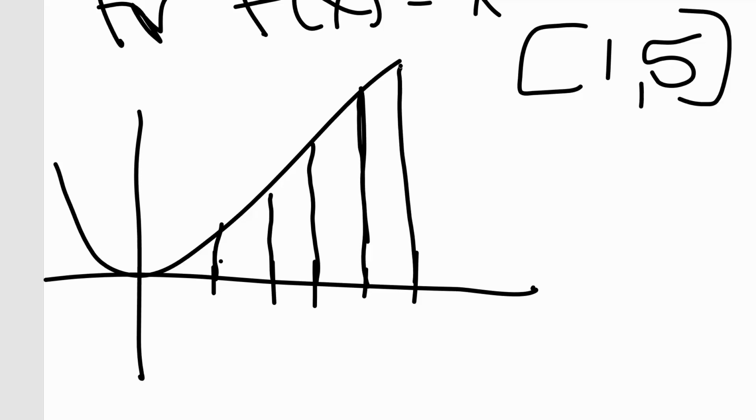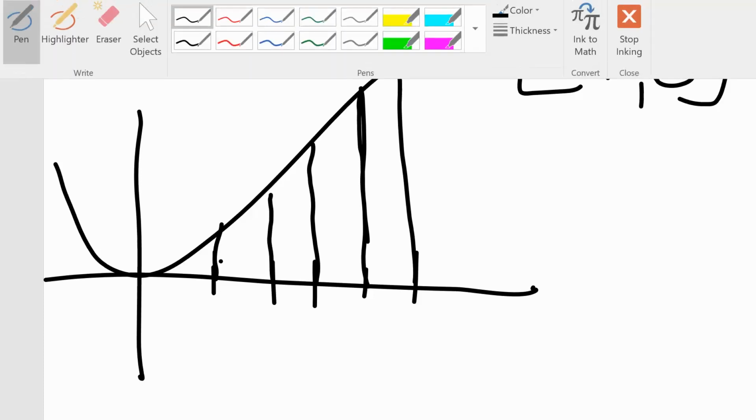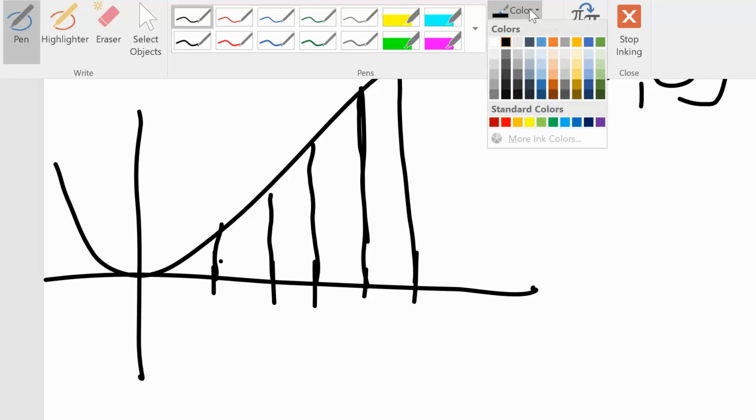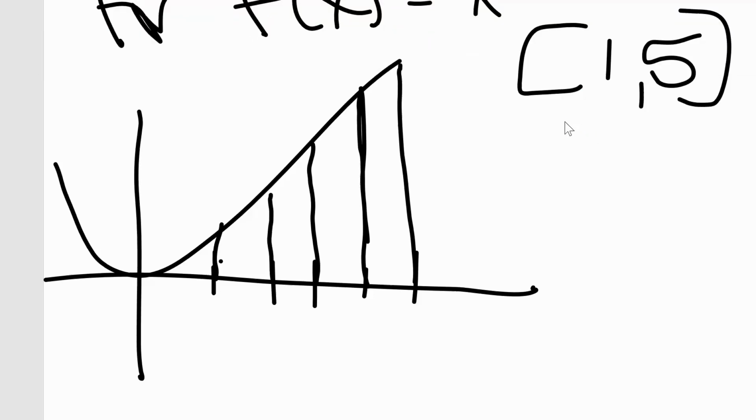All right, so now for our mid-sums, I'm still going to want my 4 rectangles. But now I'm going to want to take the x value that is in the middle of my base. So for rectangle 1 here, I'm going to take the value in the middle where it hits my function, and top it off. There's my first rectangle.